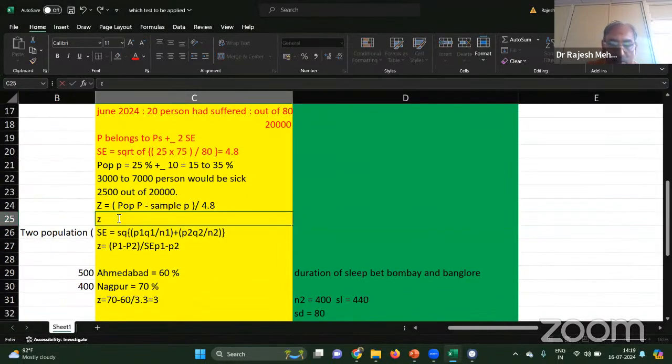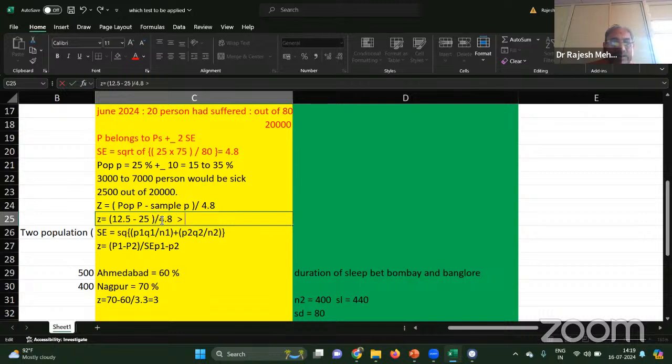Z is equal to, see the population proportion, in this case 2,500 out of 20,000. That means 1,250 out of 10,000. So 12.5% minus sample 25%, divided by 4.8.